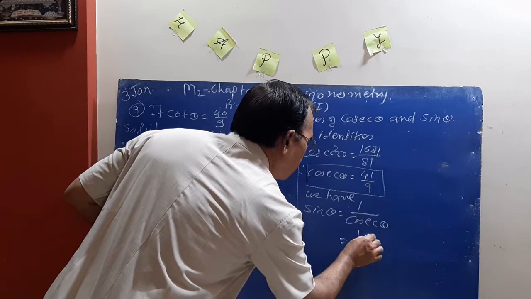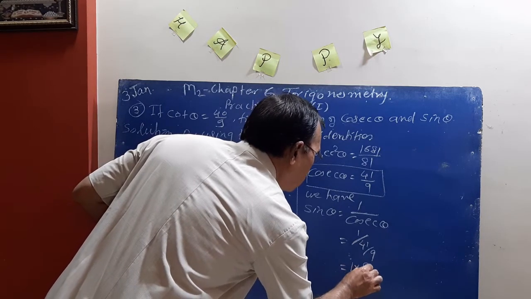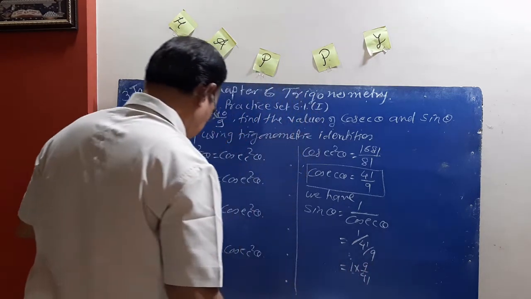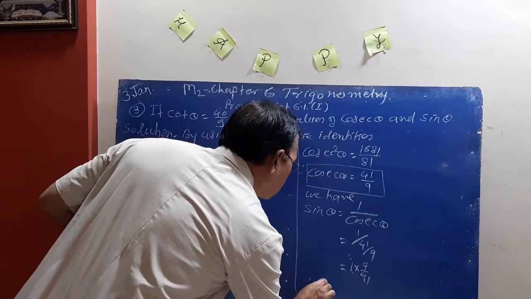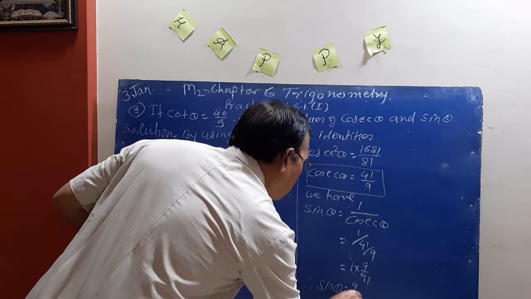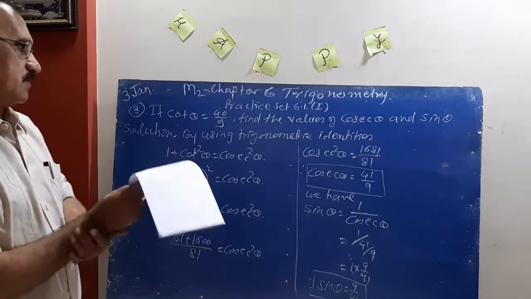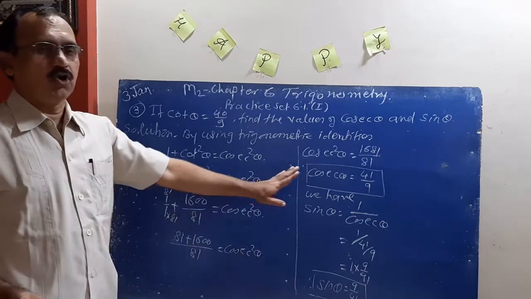Divide is converted into multiplication, 1 into 9 upon 41, and therefore sin theta is equal to 9 upon 41 is the required answer.